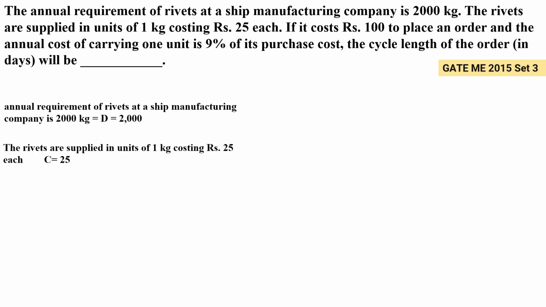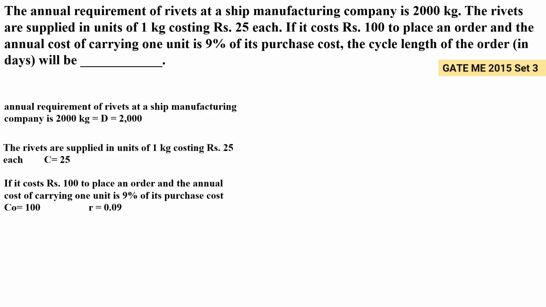So unit price per 1 kg equal to 25, then C equal to 25. The ordering cost is 100. Annual cost of carrying 1 unit is 9% of its purchasing cost, so let's consider small r equal to 0.09.